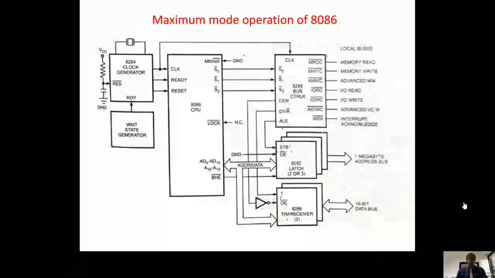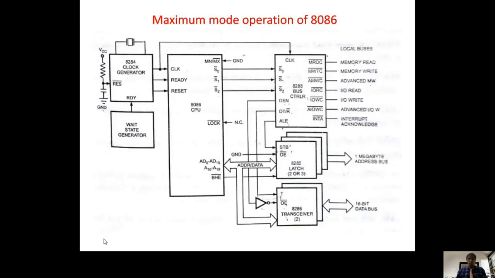So now I am sharing the maximum mode operation of 8086. We observed in the last video what the operation of 8086 in maximum mode is.